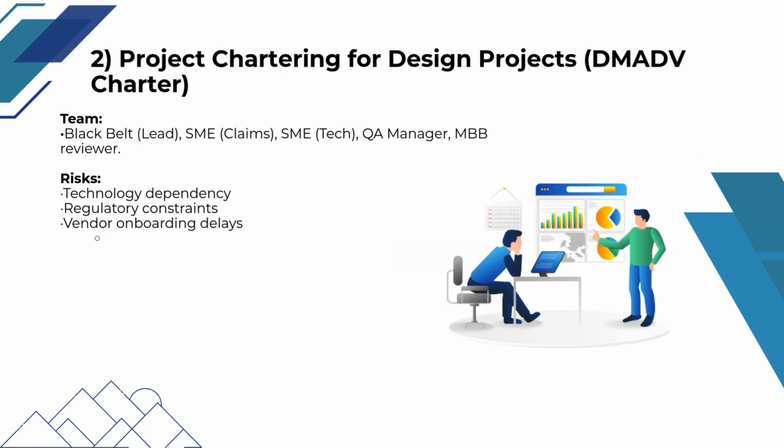The project team includes a black belt as the lead, supported by subject matter experts from claims and technology, a QA manager, and a master black belt as reviewer, while key project risks involve technology dependency, regulatory constraints, and potential delays in vendor onboarding.